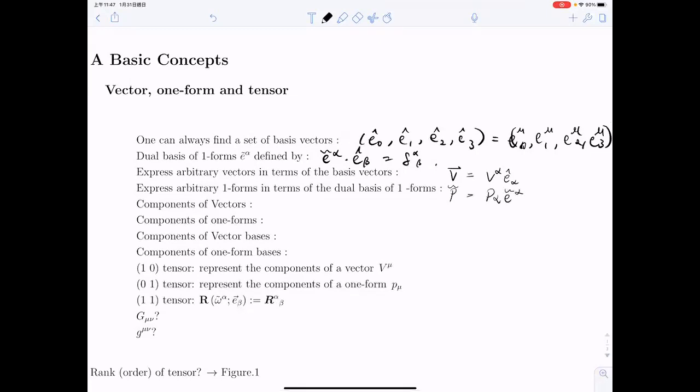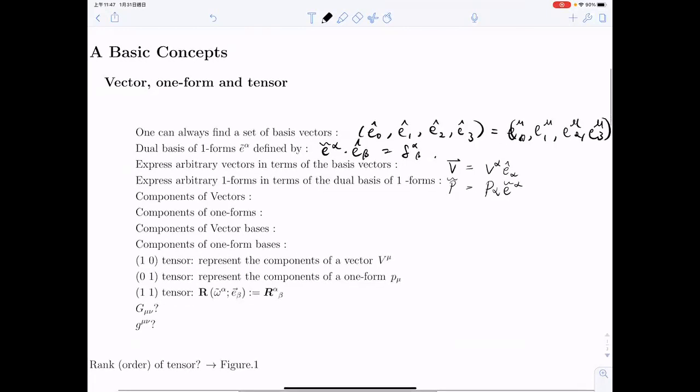This is because the dual basis of one-forms has a superscript, and the component of a one-form has a subscript. Therefore, components of a vector are superscript, components of a one-form are subscript, the vector basis is subscript, and the dual basis is superscript.